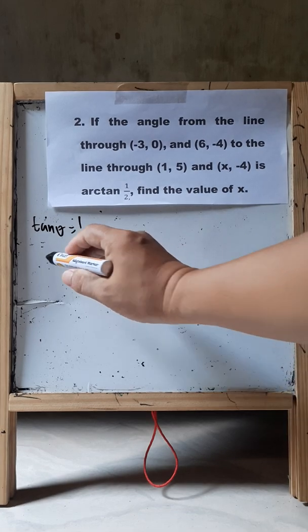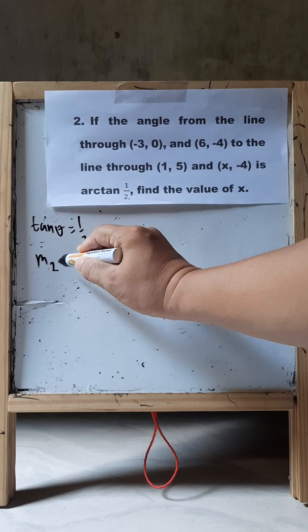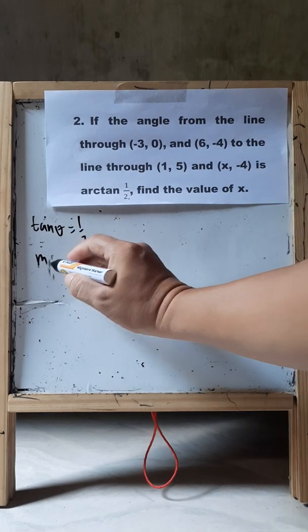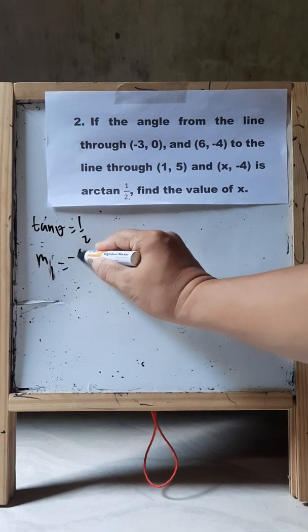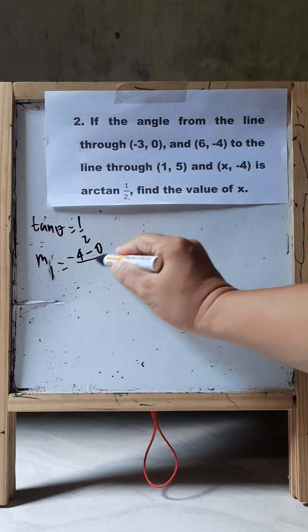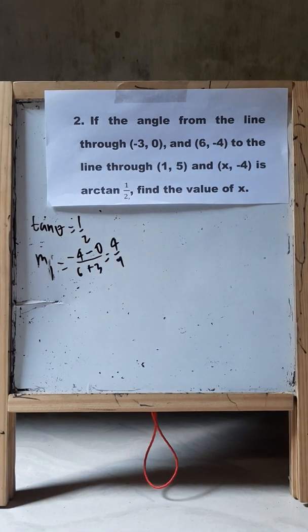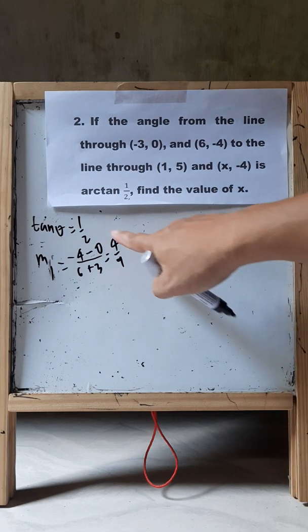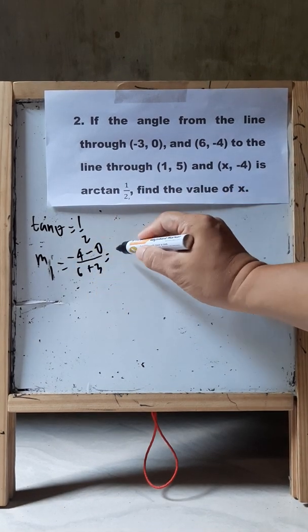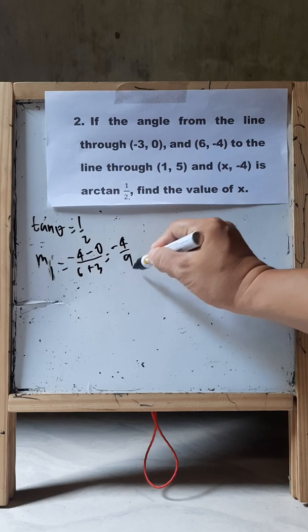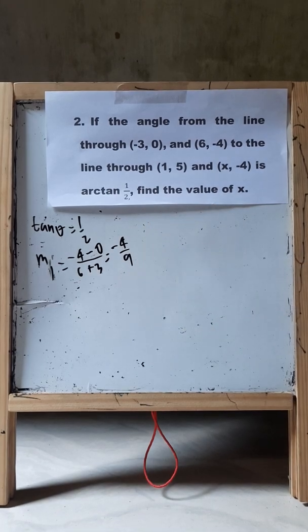First we solve the slope of line 1 and line 2. For line 1, we have negative 4 minus 0 over 6 plus 3. Negative 4 minus 0 is negative 4 over 9. Slope of line 1 is negative 4 over 9.